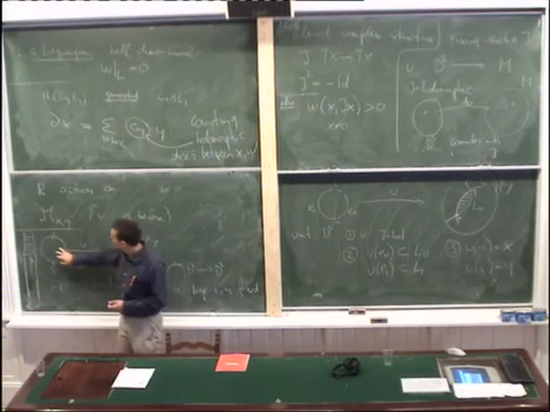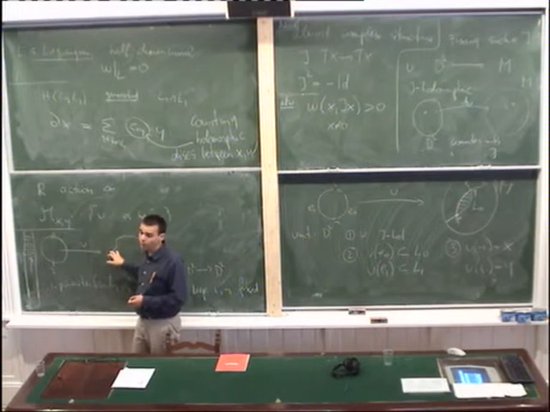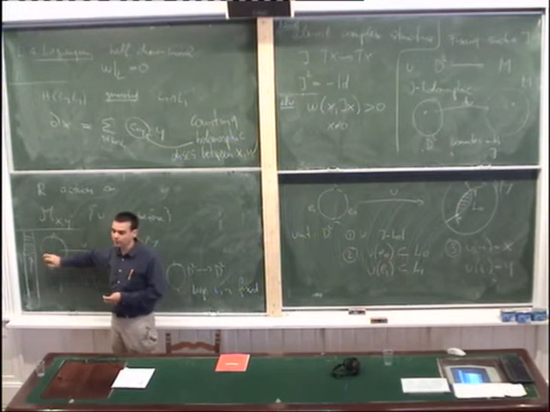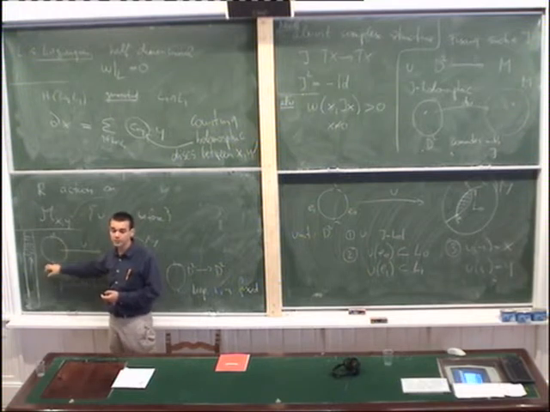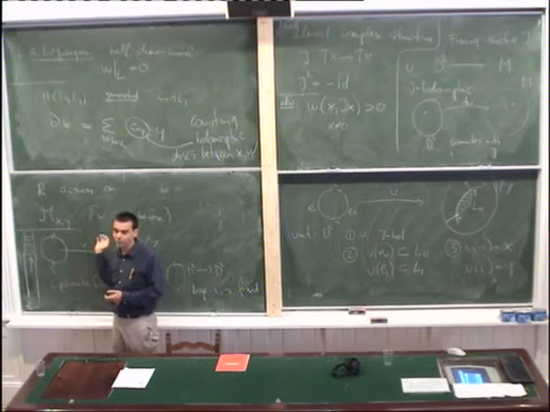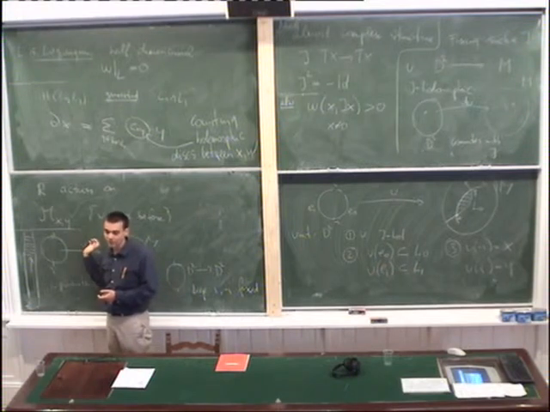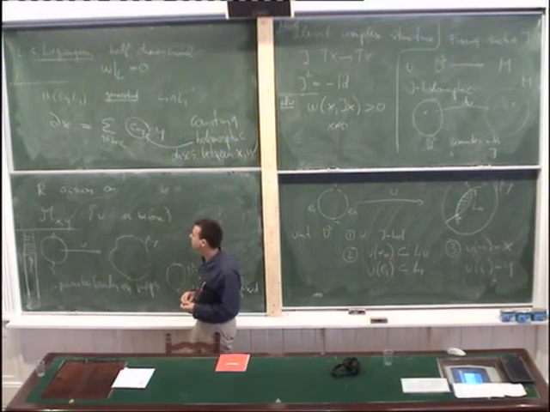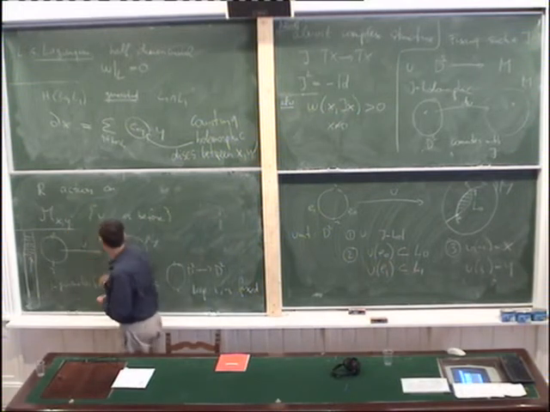Now, of course, if U is J-holomorphic, then after I reparameterize this map by precomposing with this self-automorphism of the disk, I would get another J-holomorphic disk. Is that okay? Great. So, and that is the R action on M.